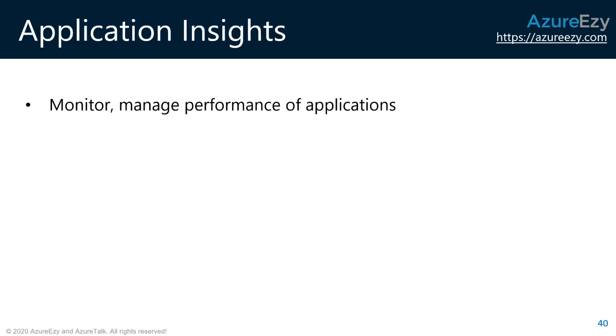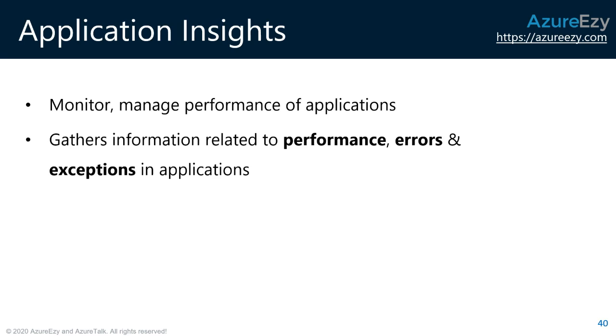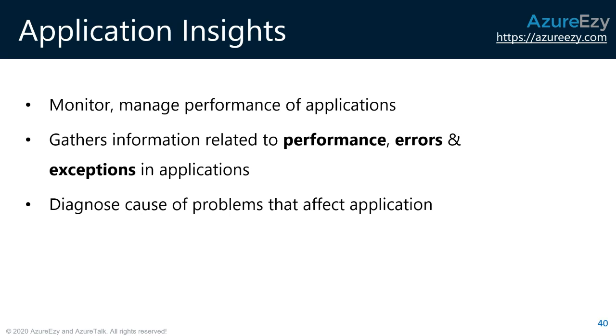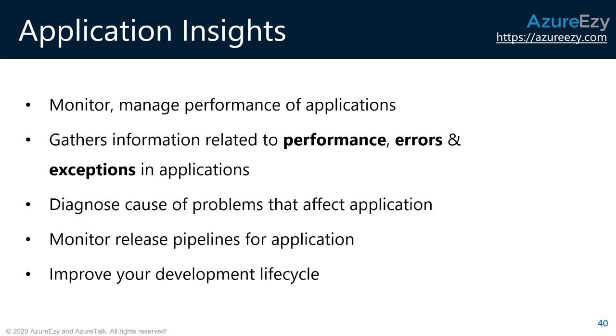You can also gather information related to performance, errors, even exceptions in the applications. If anything is causing a problem for an application, you can diagnose that cause as well. If you have a release pipeline for an application, you can monitor that too with the help of Application Insights. It also helps you across the entire development life cycle.